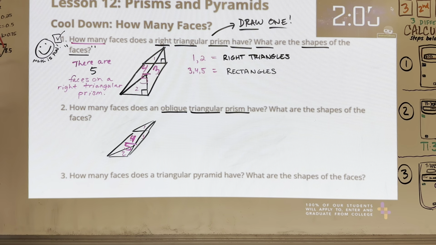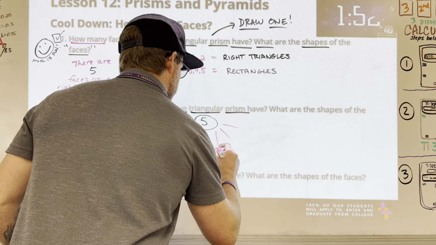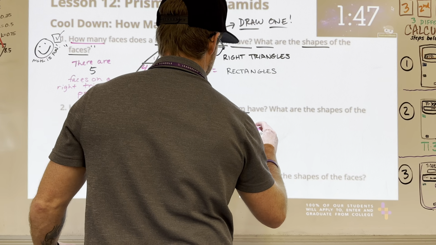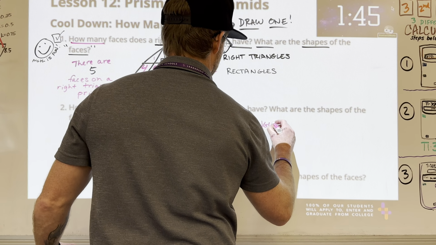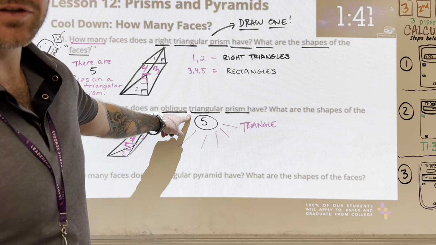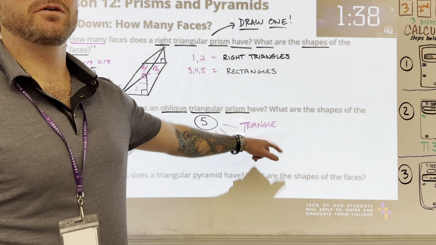What are the shapes of the faces? 2 triangles. It's not specified that it's a right triangular prism, so you can just say triangle. And you can say triangle.